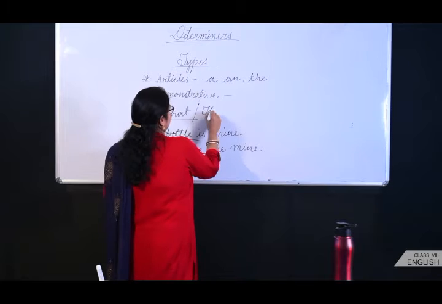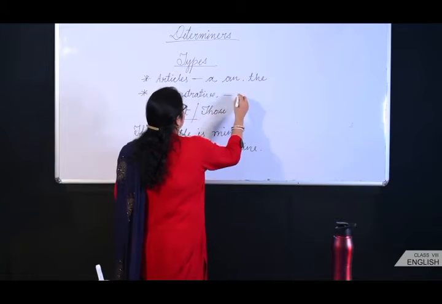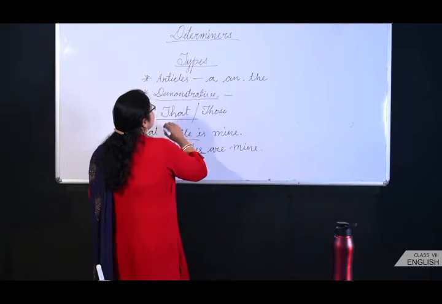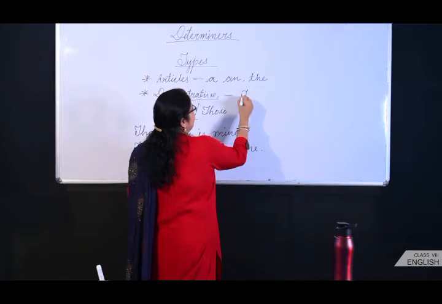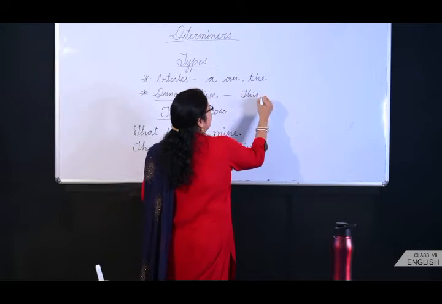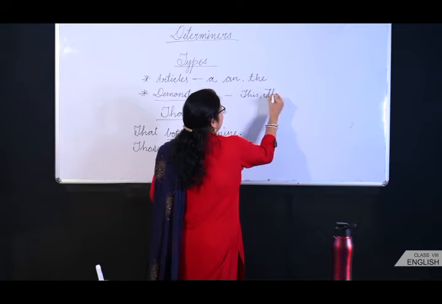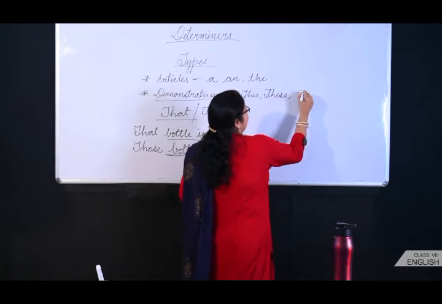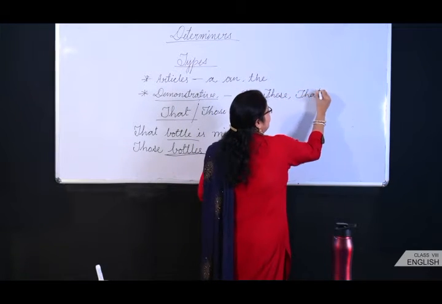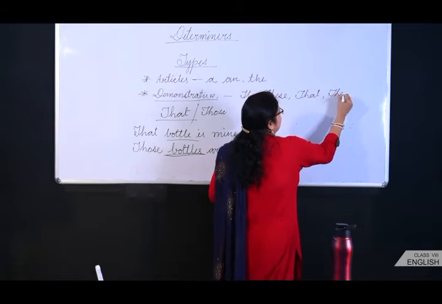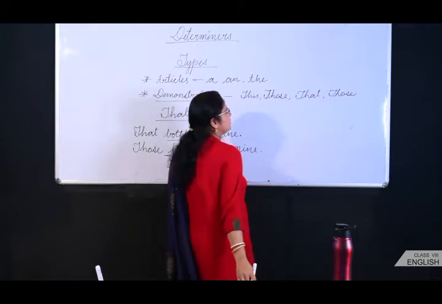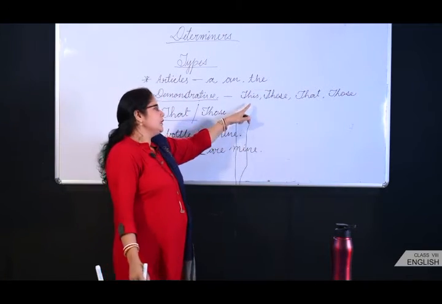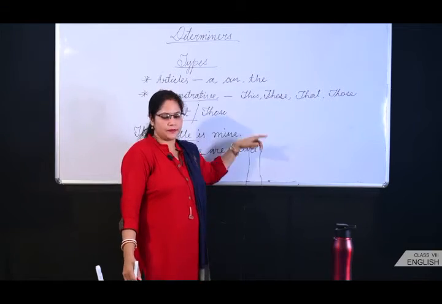The demonstrative determiners are this, these, that, those. These words are demonstrative determiners.